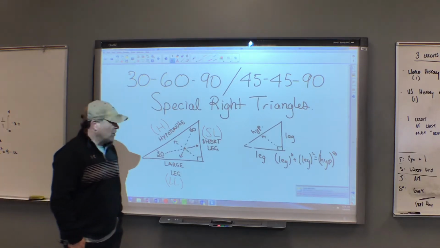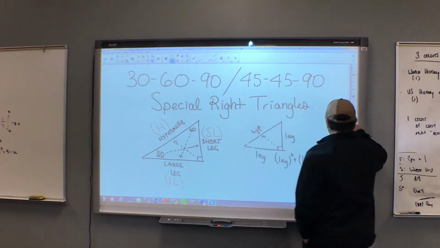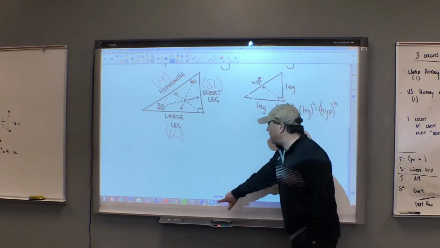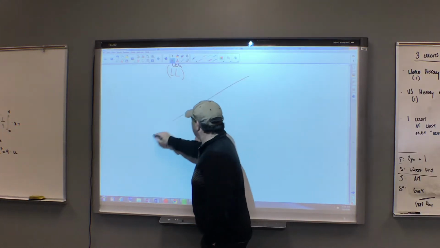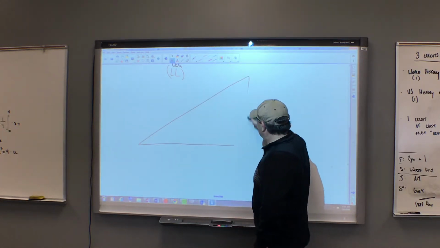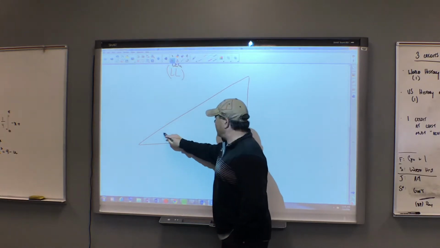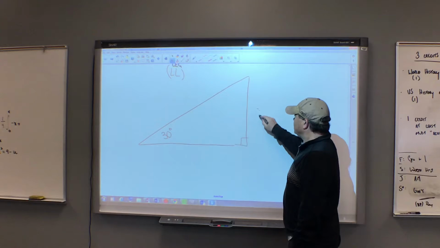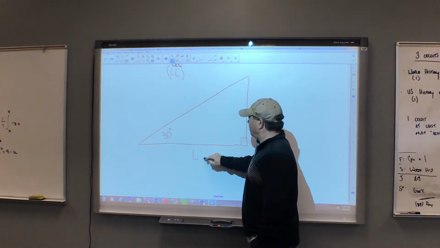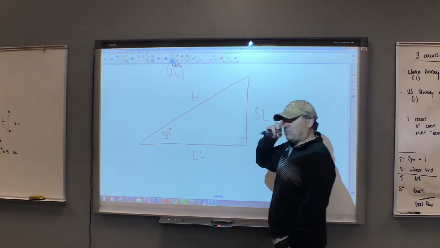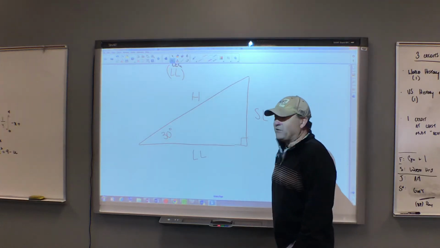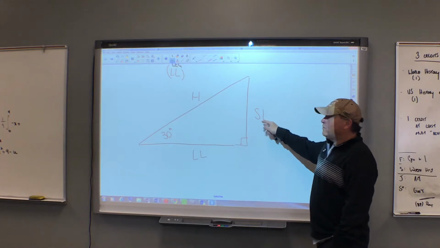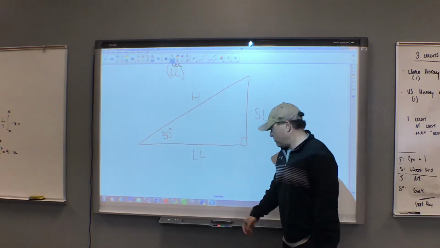Okay? So let's go through a little bit of some samples with this. So here's a right triangle. I'm going to define that as 30 degrees. Here's the short leg. Here's the long leg. Here's the hypotenuse. I suppose I should put the relationship out to you first. Here's the connection. The short leg will always be half the hypotenuse.